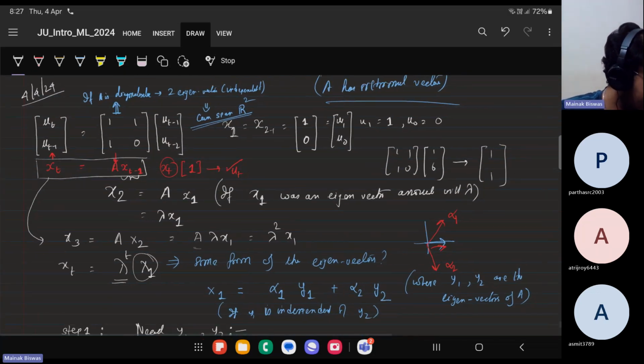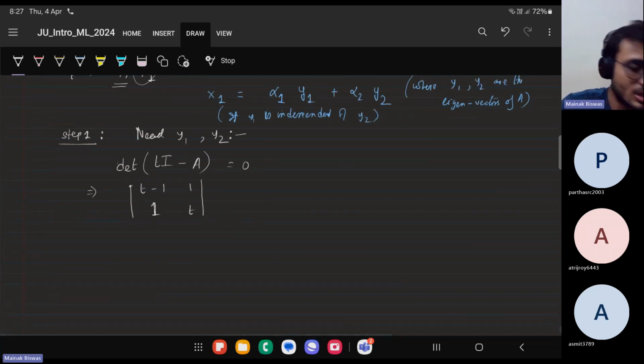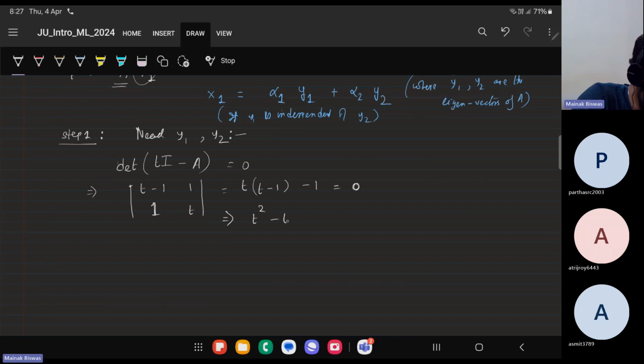So (t minus 1) into t minus 1 is equal to 0, which means t squared minus t minus 1 is equal to 0.